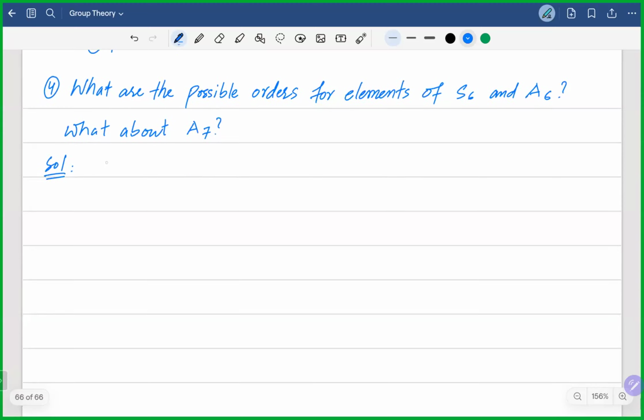Okay, so this one, 6, has order 6, and then 5 1 has order 5. Let me write in this way so you can identify this is the order. And then 4 2 is LCM of 4 and 2, which is going to be 4.